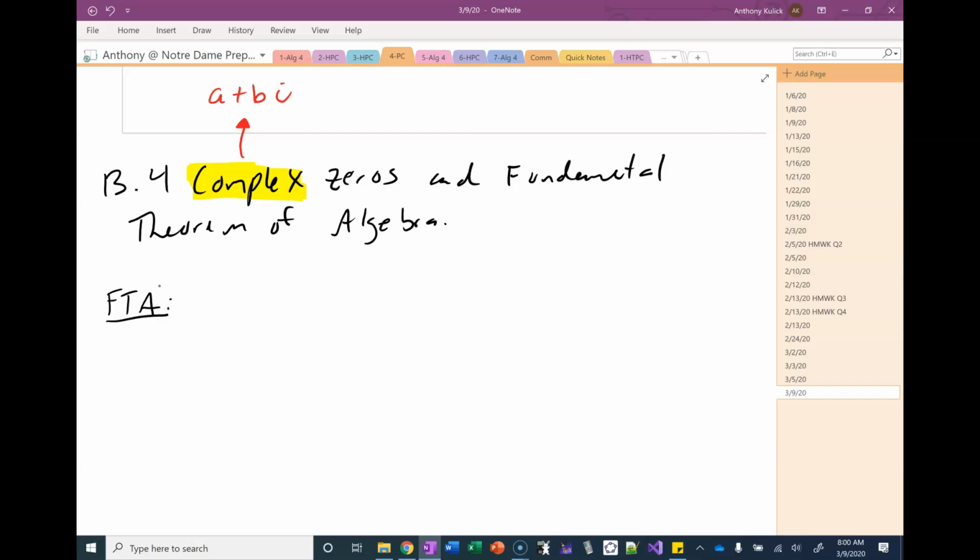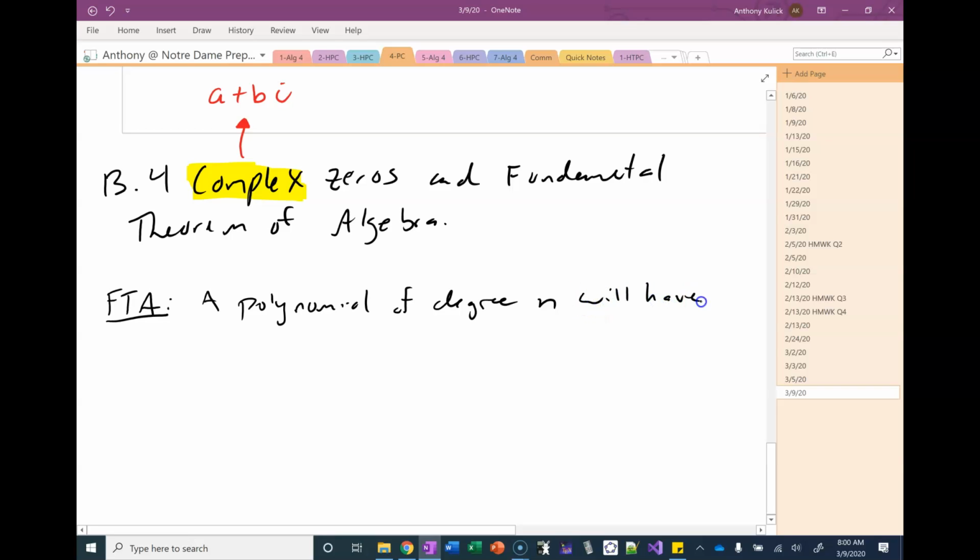And what this says is that a polynomial of degree n will have exactly n complex zeros.